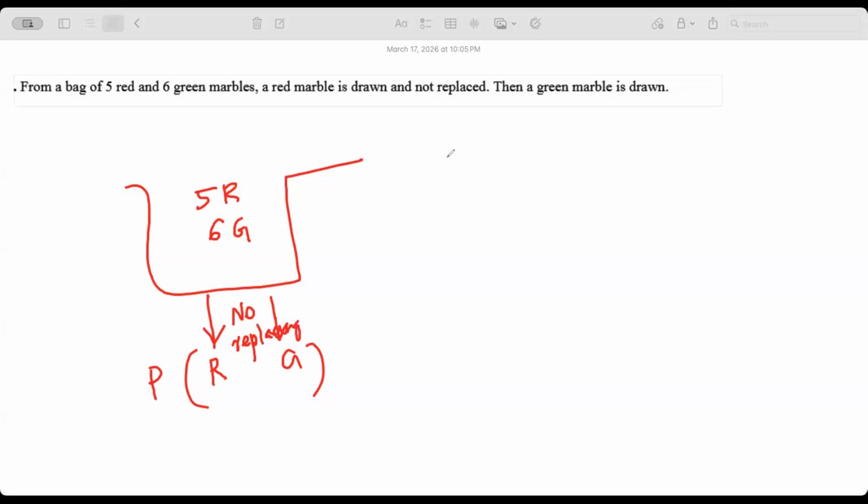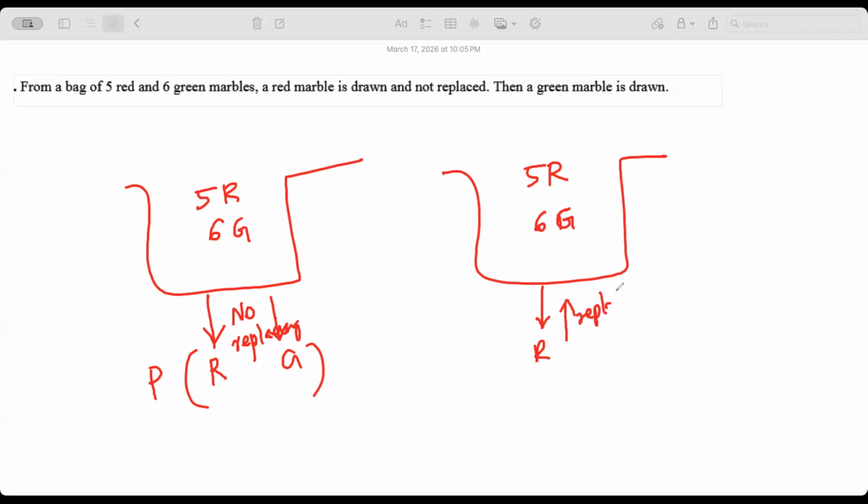Suppose the same, first let's do this, guys. 5 red, 6 green. Now you are taking a red, replace that red, then you take out green. What is the probability, which is dependent, which is not dependent? You put it back into the bag. The bag retains the same. The bag before you take the red is the same as the bag before you take a green.